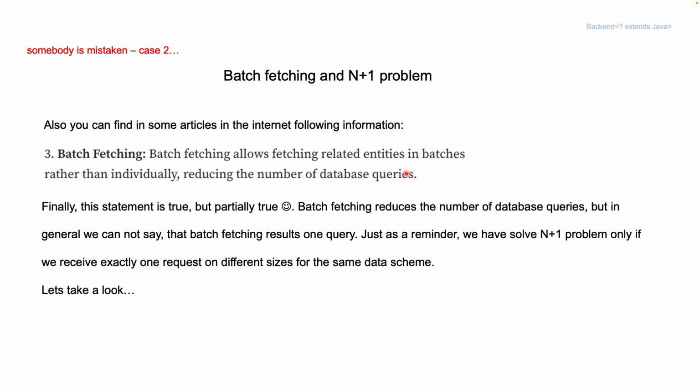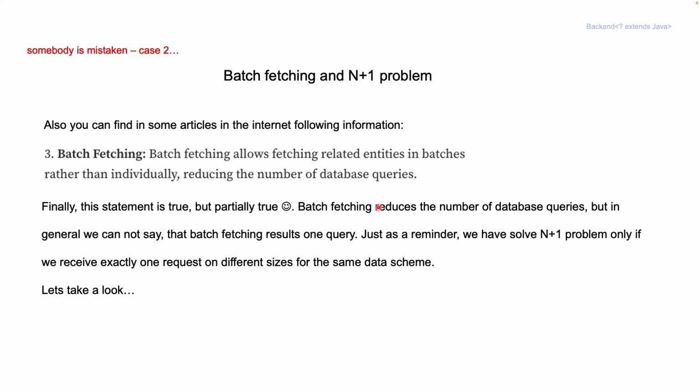Okay, now it's time to touch another aspect of the N+1 problem. It's the connection between batch fetching and the N+1 problem. Again, in some articles on the internet, we can find information that batch fetching is a solution to solve and avoid the N+1 problem when we are using Hibernate.